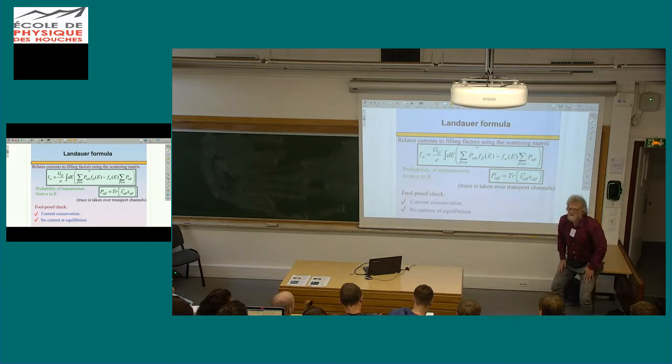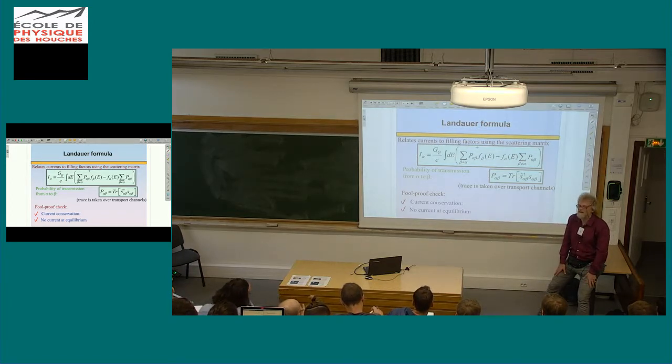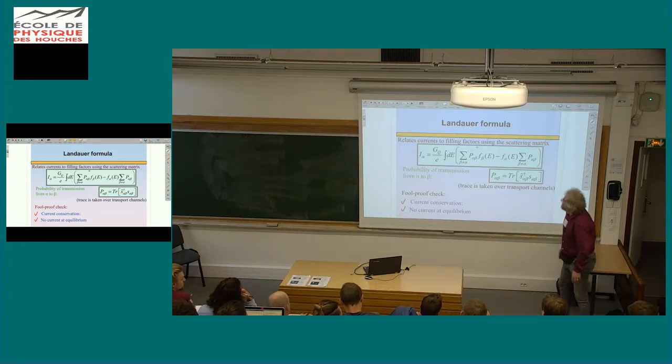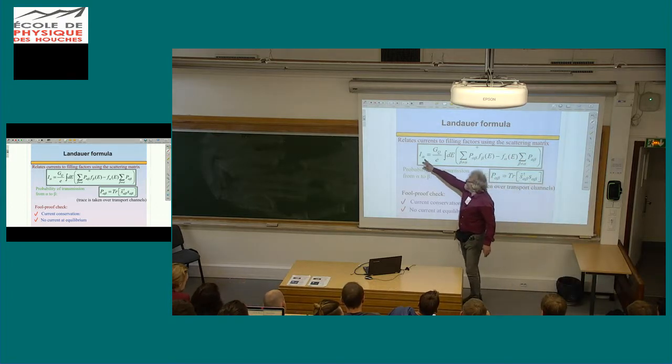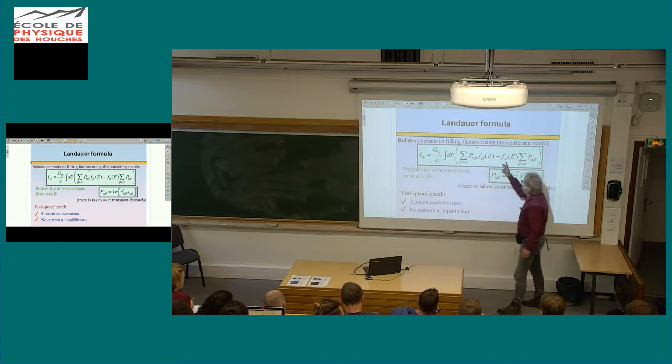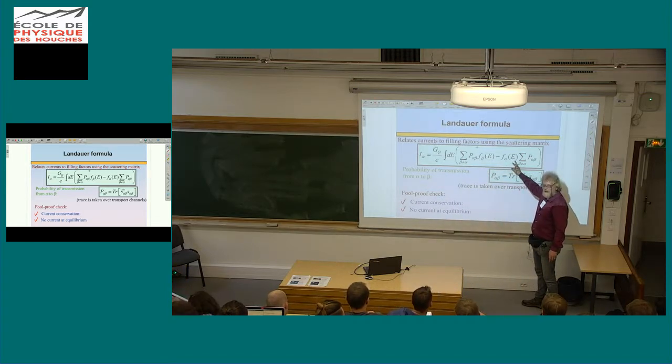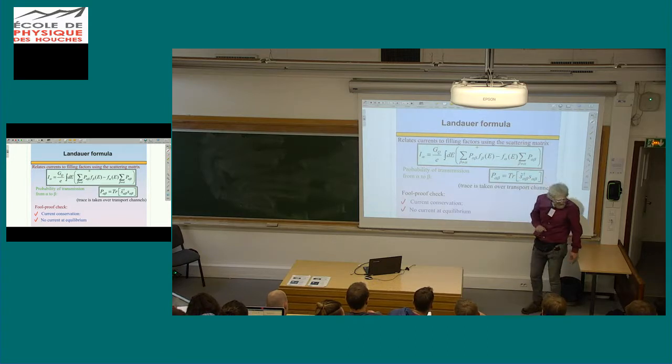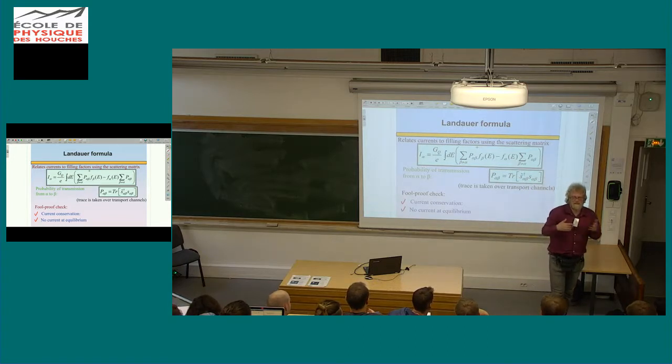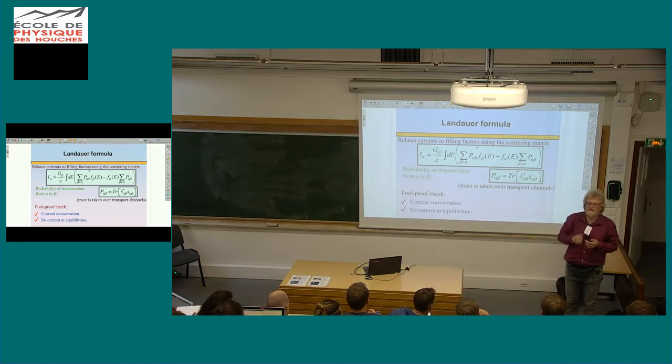Who can explain the second term to me? There is current from this source and there is current from this source. Let's look at it. First, we look at the current in lead alpha, and we see that it depends on the same filling factors, which means that it doesn't involve all other electrons.